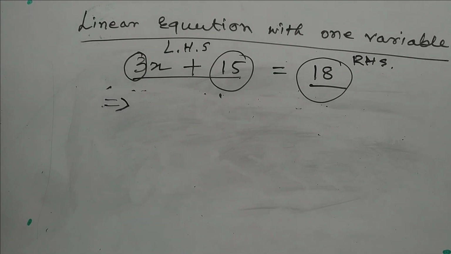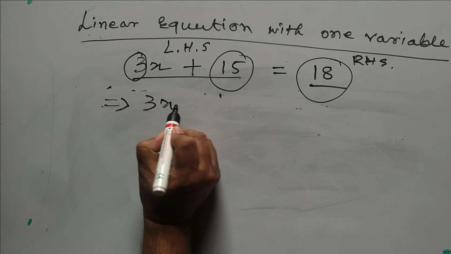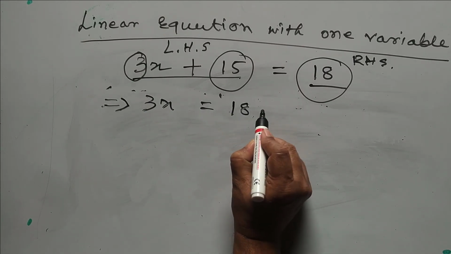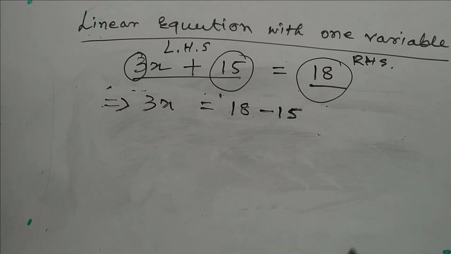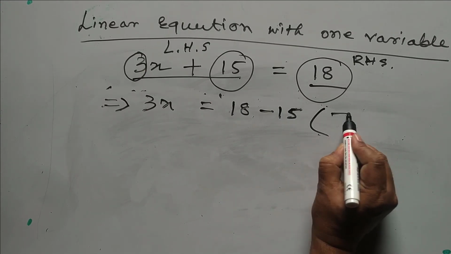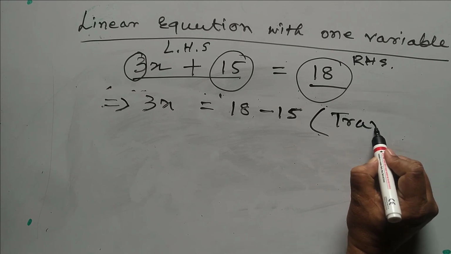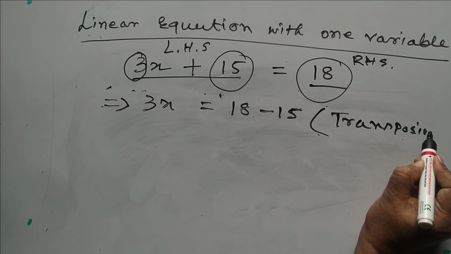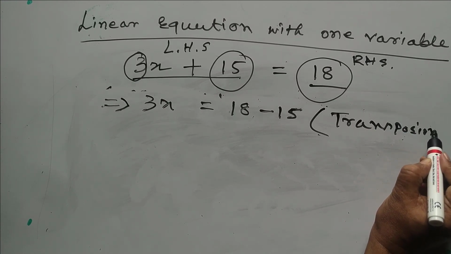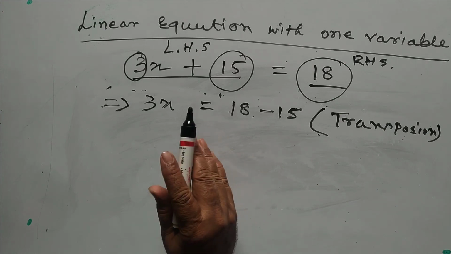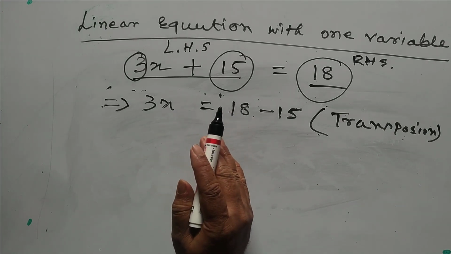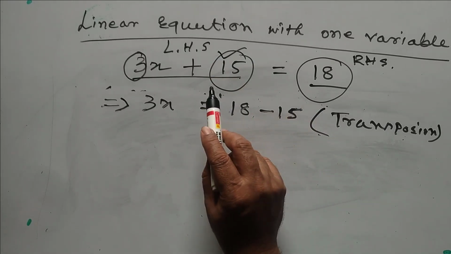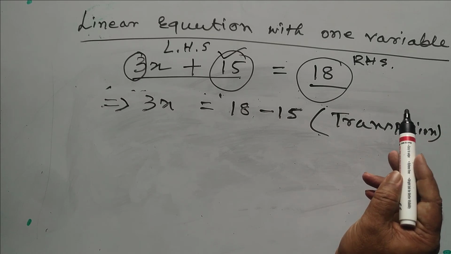So 3x equals 18 minus 15. This is called transposition. I am just changing the side of the constant 15 from the LHS to the RHS.